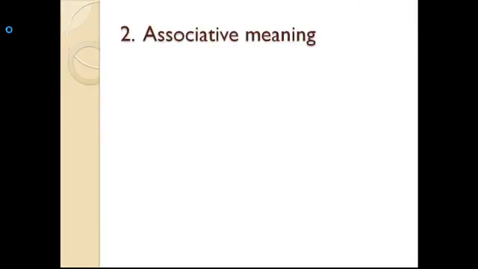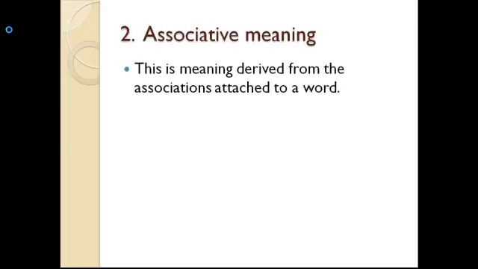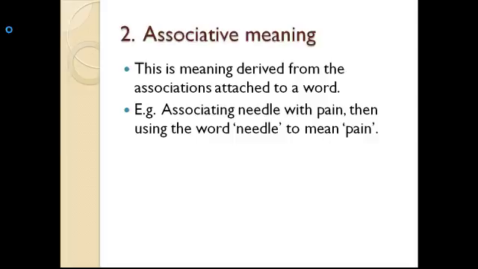Having said that, let's go to associative meaning. Associative meaning, as the word itself is suggesting, is that type of meaning that is derived from the associations attached to a word. There are certain associations that we're going to attach to a particular word.